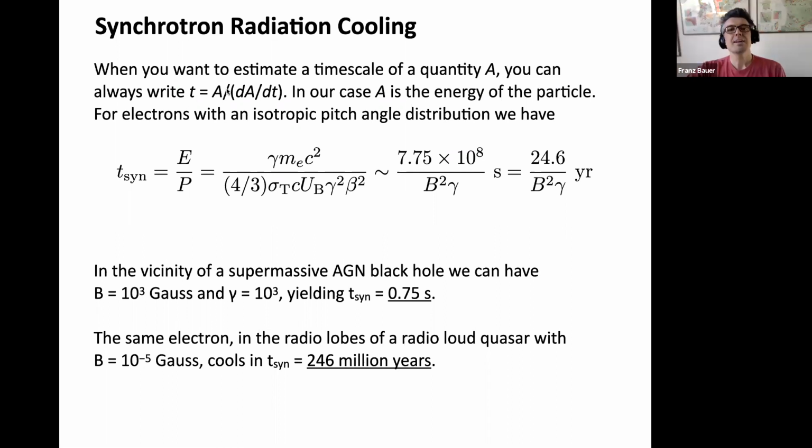And so if this particular quantity is the energy of the particle, we can estimate how fast that particle will lose energy through this synchrotron cooling, right? And so we have the energy of the electron, which is just this, and we have the power being radiated out, which is just this in an average sense. And so we can divide out some of these numbers and calculate this.